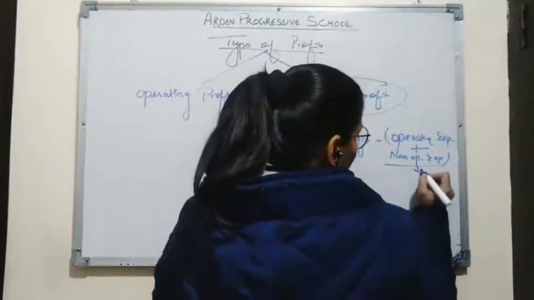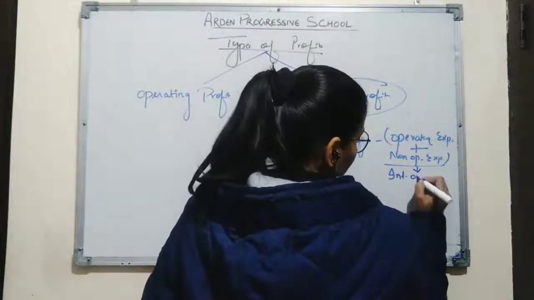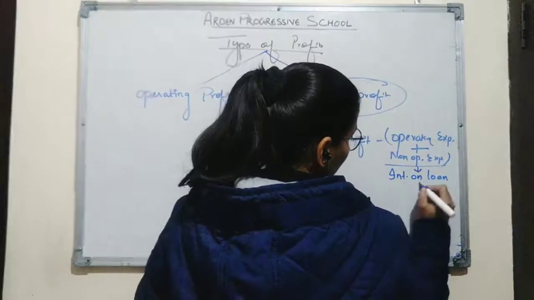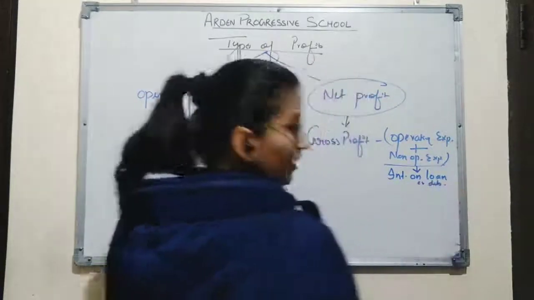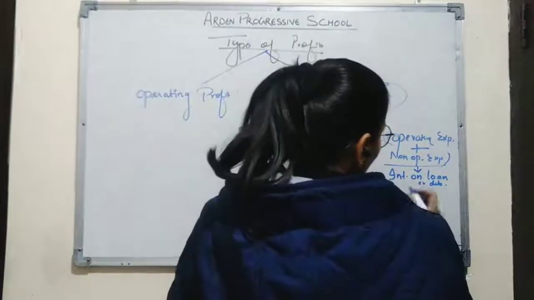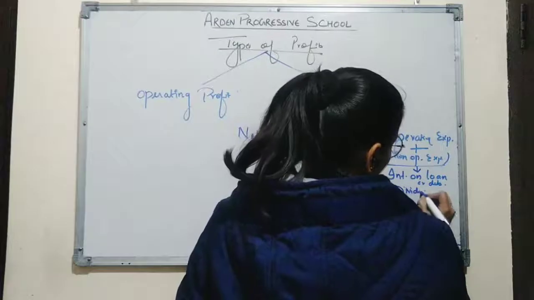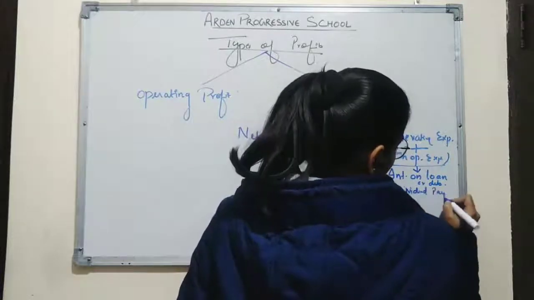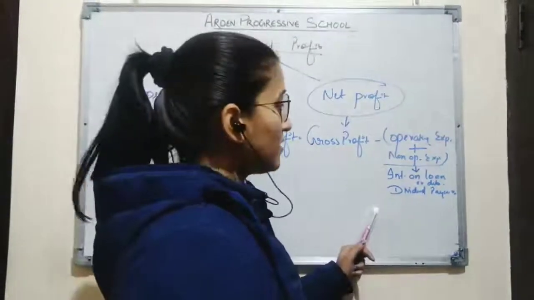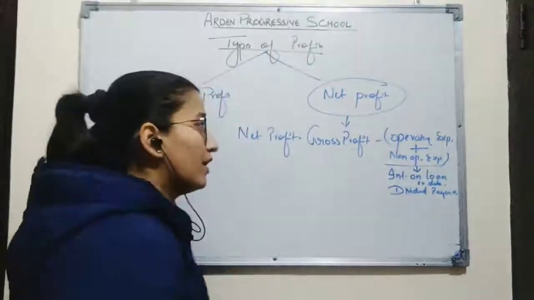So non-operating expenses may include interest on loan, or we can say debenture which is also considered as long-term loans, or it may include dividend payables, etc. So these are some non-operating expenses which will be included while calculating net profit.